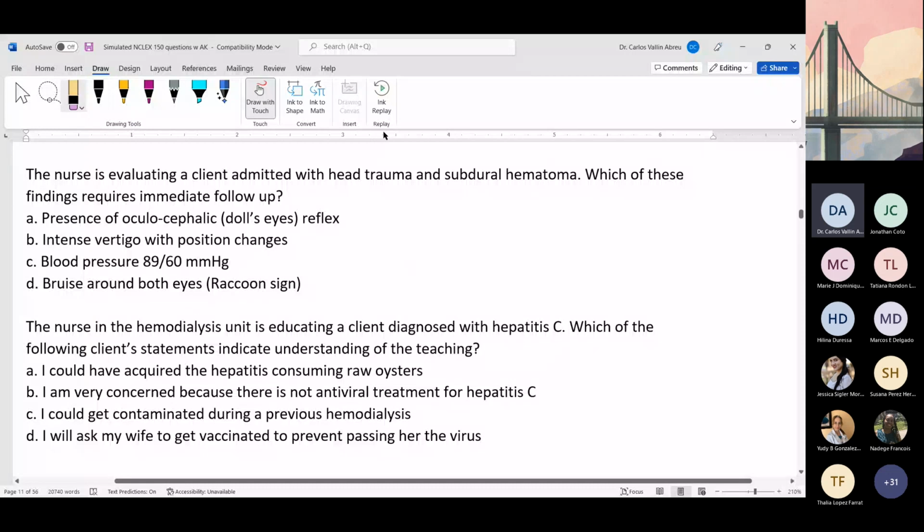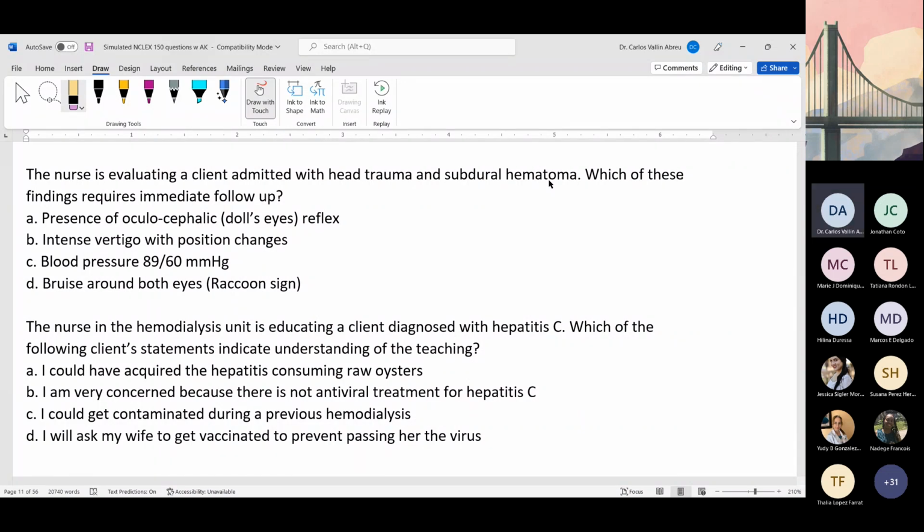Let's see the next. The nurse is evaluating a client admitted with head trauma and subdural hematoma. Which of the following findings requires immediate follow-up? So what is the most serious situation here? A, presence of oculocephalic reflex, also called doll's eye.